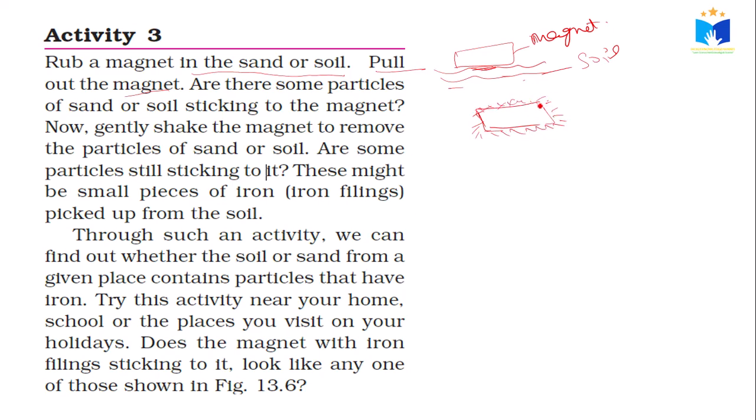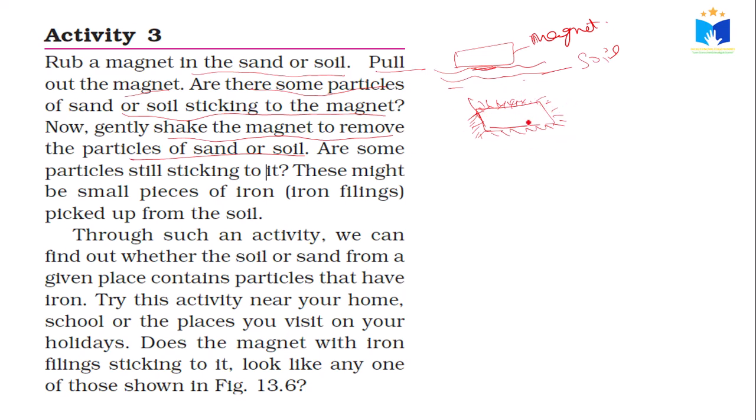Okay, after rubbing this magnet in the soil, we are going to observe some particles sticking to this magnet. Are some particles of sand or soil sticking to the magnet? Yes. Now gently shake the magnet to remove the particles of sand or soil. So we have to gently shake the magnet to remove all these particles.